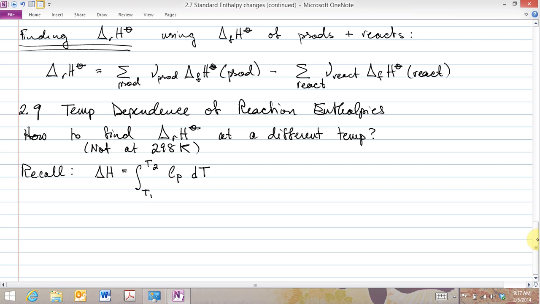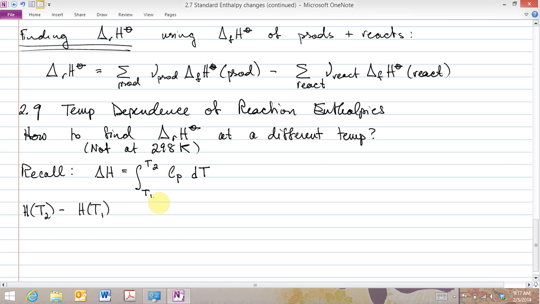Well then we have the enthalpy at the second temperature minus the enthalpy at the first temperature.